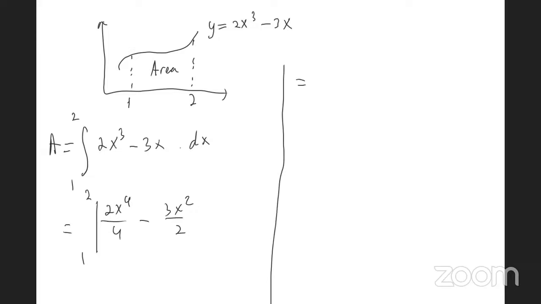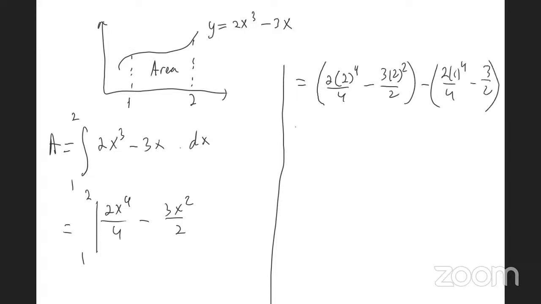So you'll end up with 2 to the 4 on 4 minus 3 times 2 squared on 2, right? And then you subtract them with 1, right? So that'll be 2 times 1 to the 4th on 4 minus 3 on 2, right? How much is that?